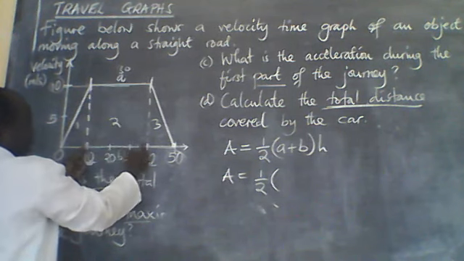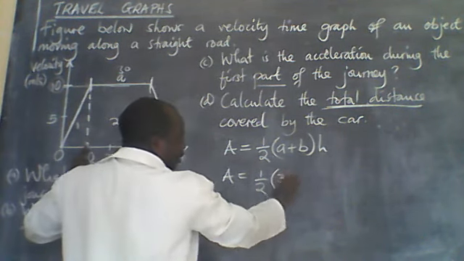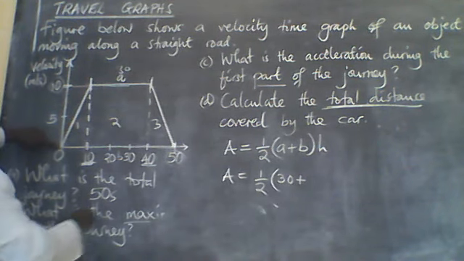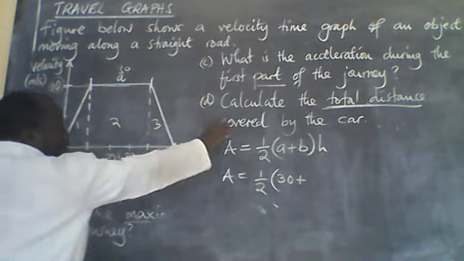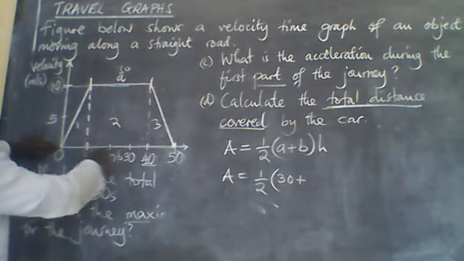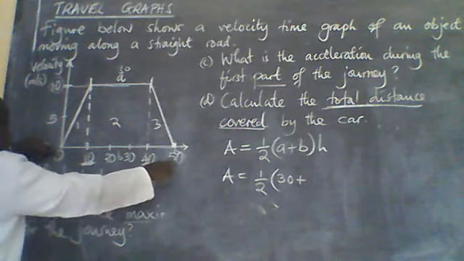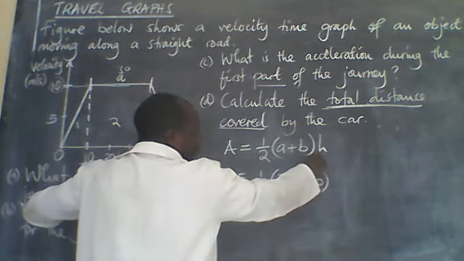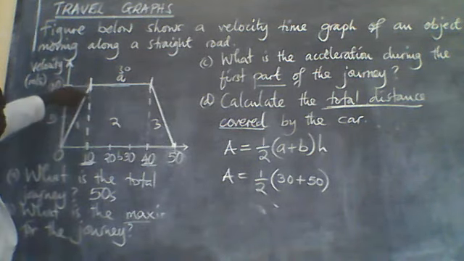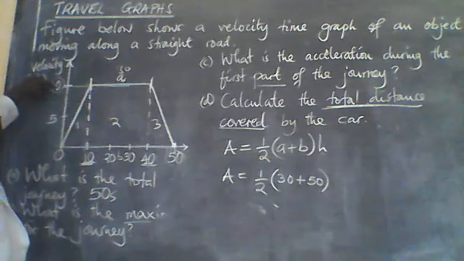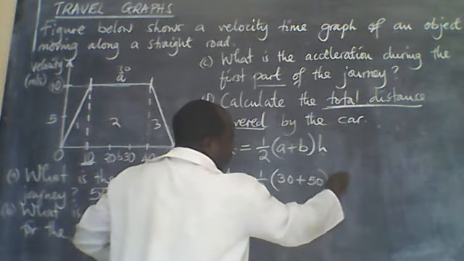So say 30 plus, what is my B? B is from this point here to the end. We are talking about the total journey, okay? So from here to this, that is from 0 to 50, that gives me 50. Then my height here is from this point to this point. So from this to this is 10. So you write here 10.